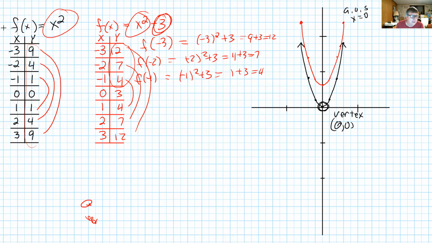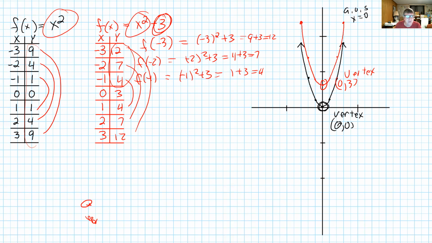Now in the red graph, in the new graph, the vertex is at 0, 3. The axis of symmetry is still the same. All that happened is the graph moved 3 units upward.